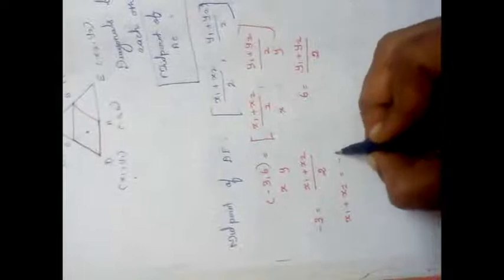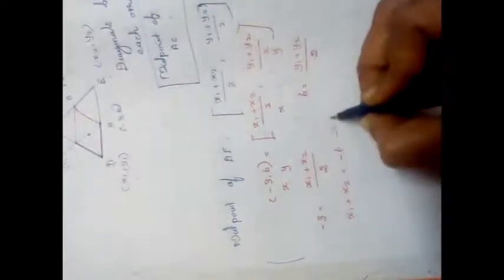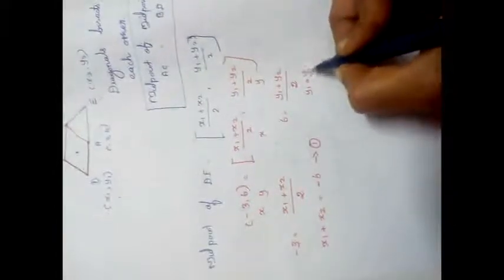Okay? 2 goes to the opposite side as multiplication. Therefore x1 plus x2 is equal to minus 2 into 3, minus 6. This is the first equation. And y1 plus y2 is equal to 6 twos are 12. This is the second equation. Now we have found two equations.